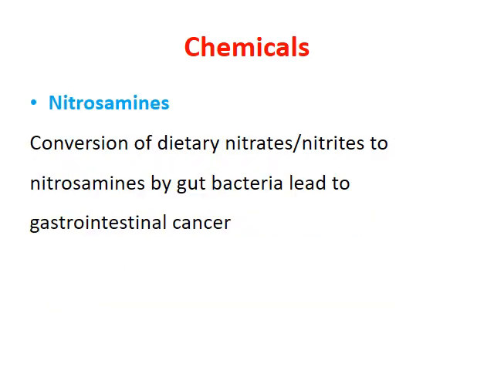Another type of chemical is nitrosamine. Nitrosamine results from conversion of dietary nitrates or nitrite into nitrosamine by gut bacteria, so it is associated with an increased risk of gastrointestinal malignancy.